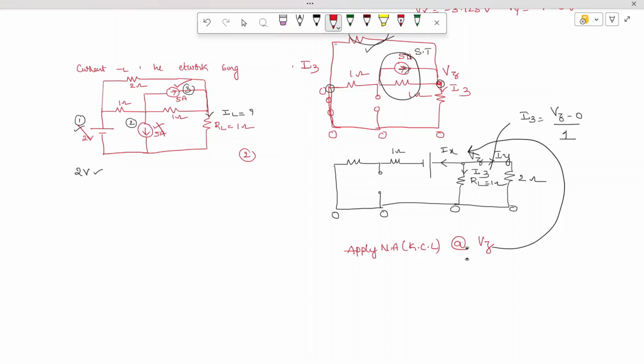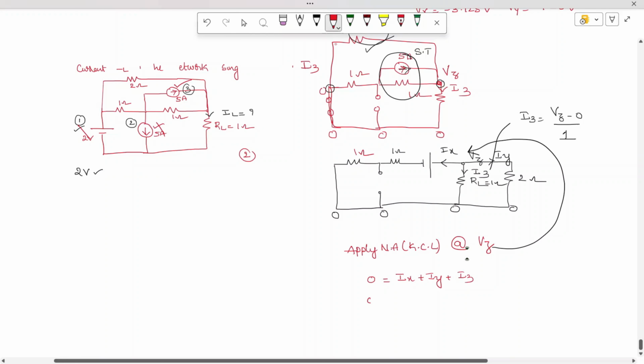This is 1 ohm and this is also 1 ohm. What are the entering currents? No entering currents, all are leaving currents: Ix plus Iy plus I3.